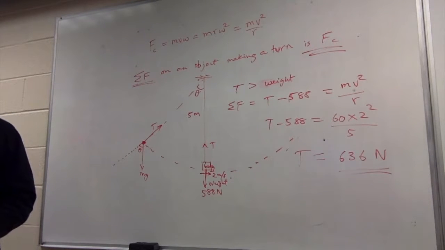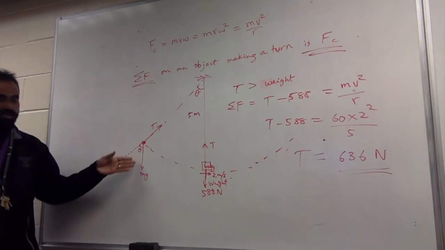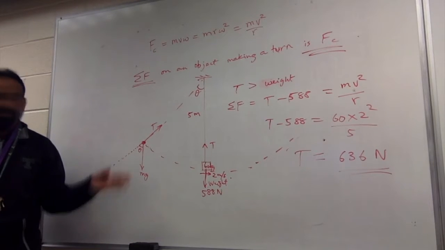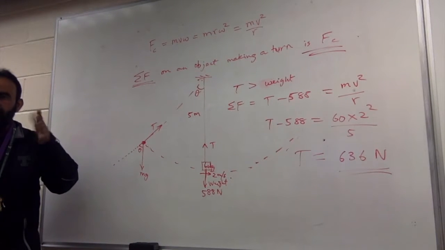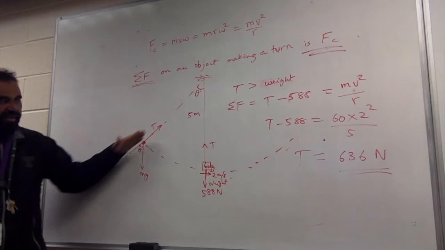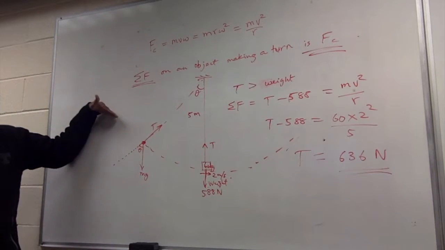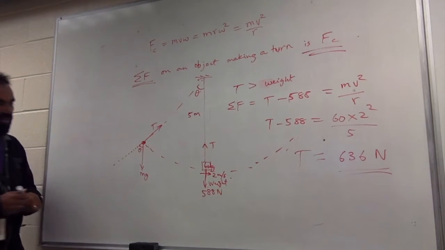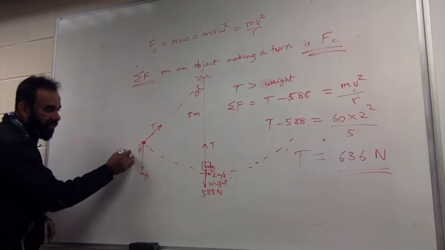Now we need to resolve, because there are forces coming at an angle. You cannot just do anything with this unless you resolve it. This is one of our axes, and this is the other axis. What is the component of mg in this direction?